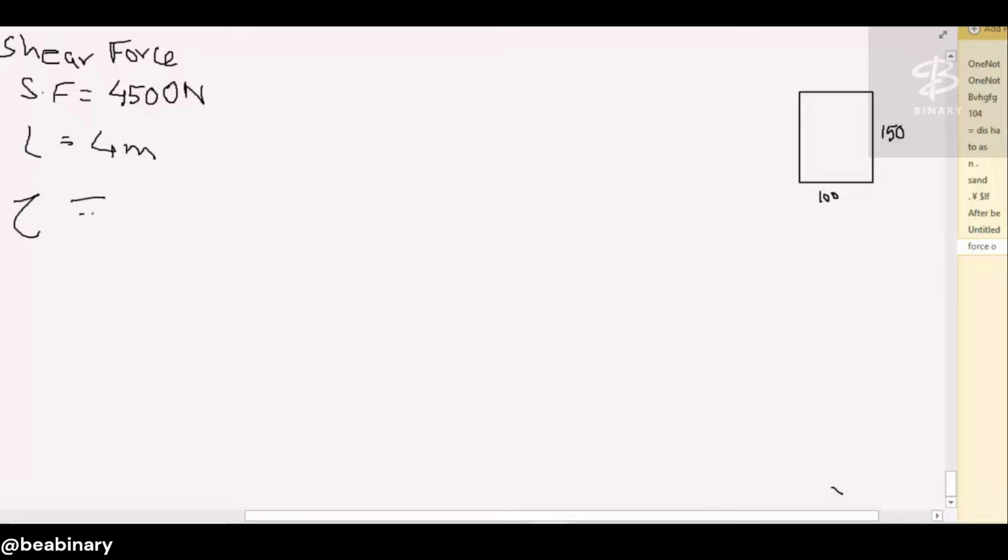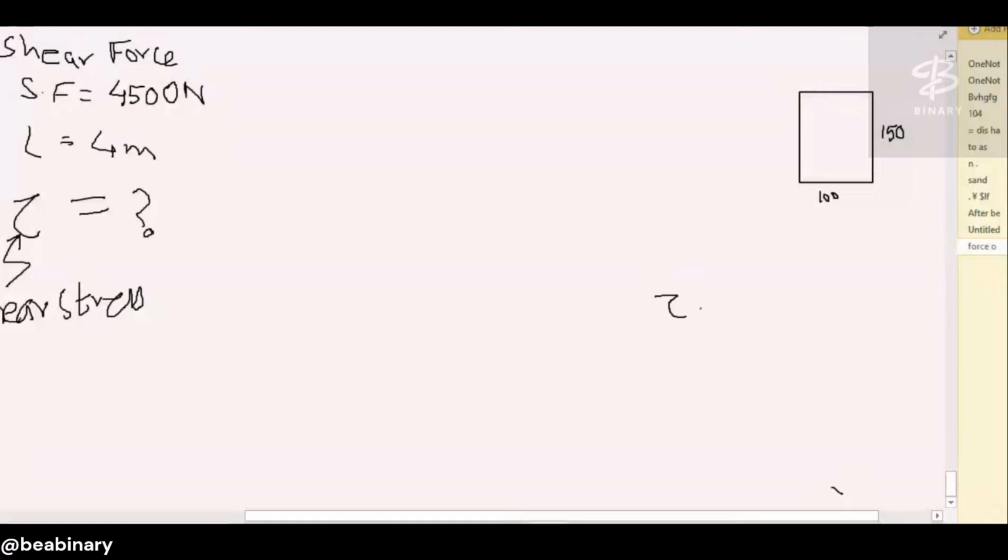What is the shear stress? Tau is shear stress. ठीक है. This is you need to calculate. So we have this formula.